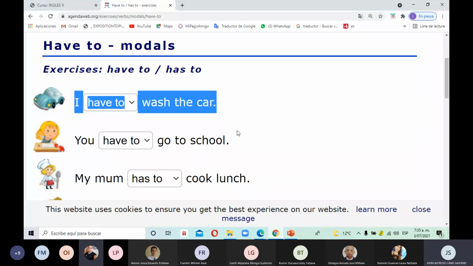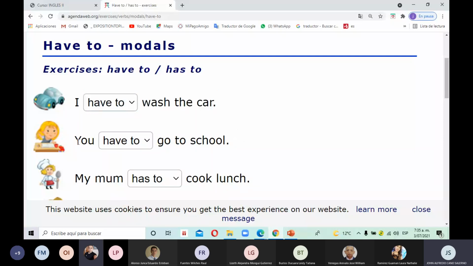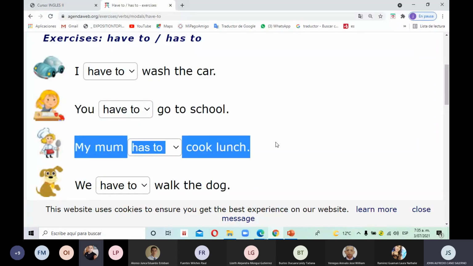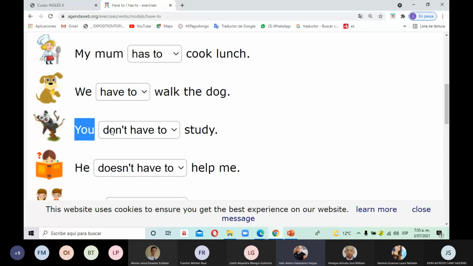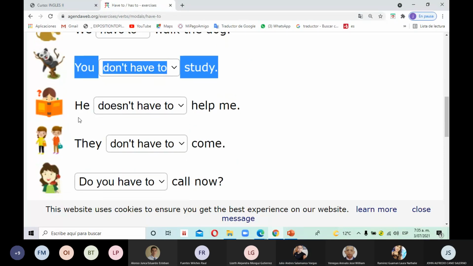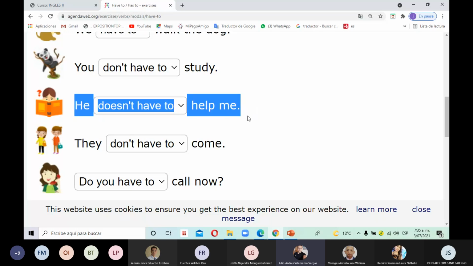I have to wash the car. Yes, continue. You have to go to school. Perfect. My mom has to cook lunch. We have to walk the dog. You don't have to study. He doesn't have to help me. They don't have to come.